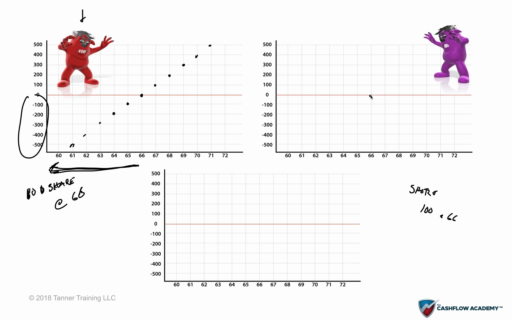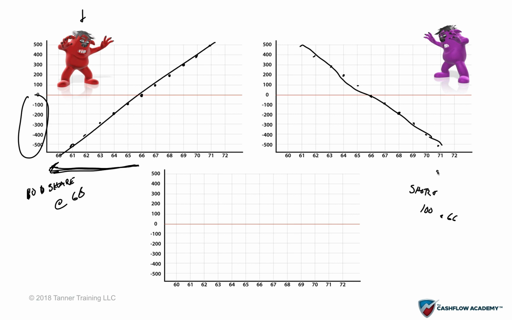So now, if I borrow 100 shares at $66 and I have to buy at 67 to pay it back, I'm down $100. And if I have to buy at 68 to deliver, I'm down more. And so all of a sudden I get this graph that is equal and opposing this graph. They're equal and opposing, aren't they?